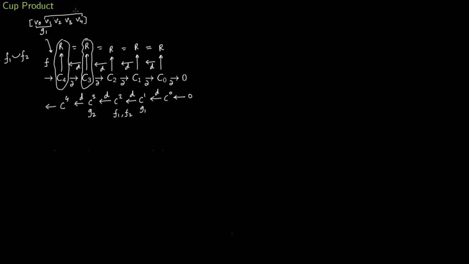So this is say g2. So g2 lies right here, acting on 4 vertices. So again you combine g1 and g2, they are basically acting on these 5 vertices or lie in C4. So you have g1 cup g2, this also lies in C4.